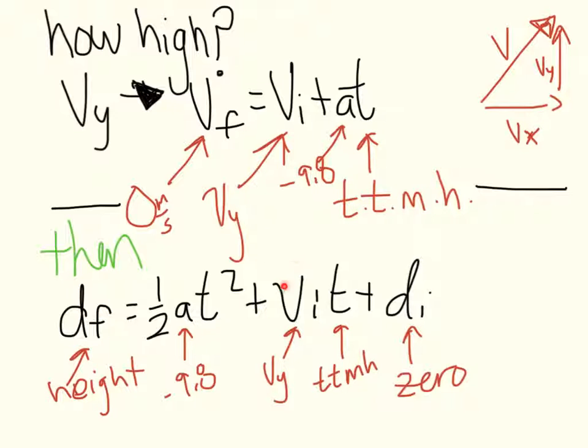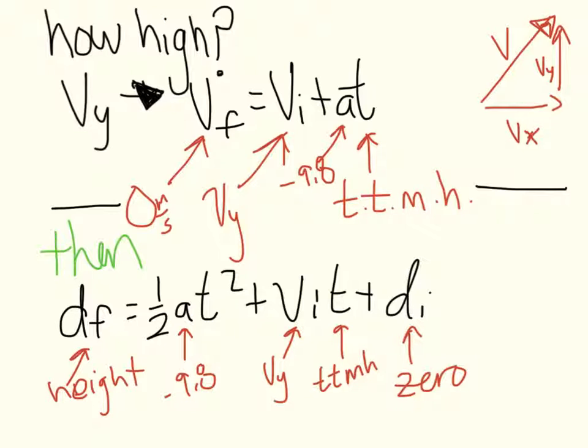So the initial velocity is the initial velocity in the vertical direction. The time is time to maximum height. If it's starting on the ground, we can say the initial position or initial height is 0. And again, don't forget the negative because this pulls downward. And this will be the final position, meaning the maximum height attained.